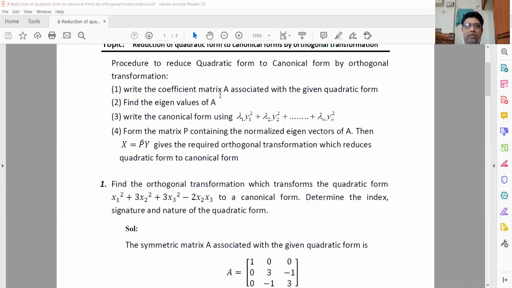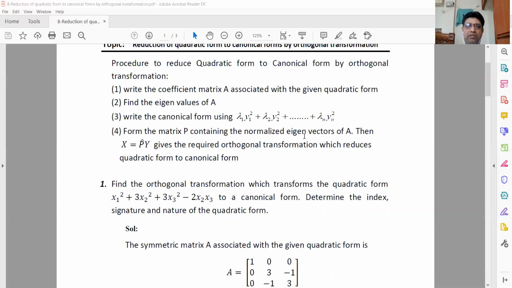In the second step, we calculated the eigenvalues. Corresponding to the eigenvalues, we have to calculate the corresponding eigenvectors. Once you get the eigenvectors, you have to check whether they are pairwise orthogonal or not.